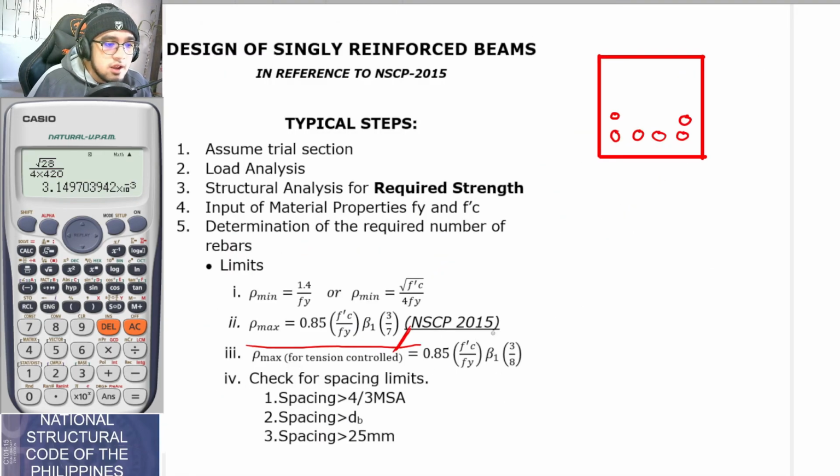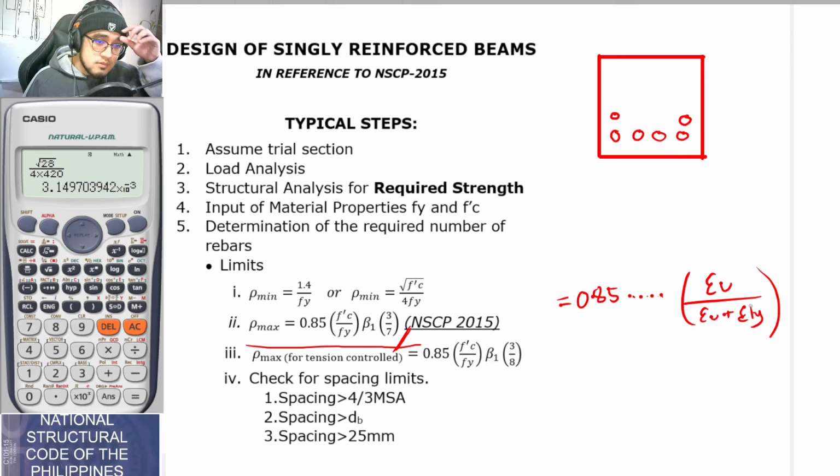in this particular equation, rho is equal to 0.85 f prime c divided by fy times strain u divided by strain u plus strain t. So this is 0.003 as well as for this value.